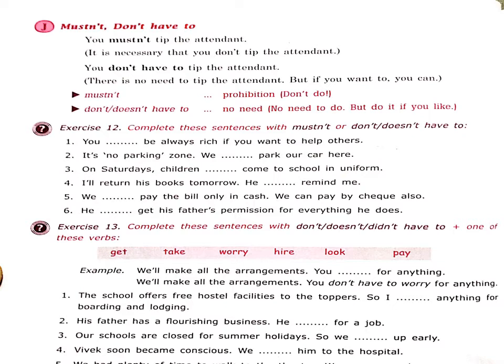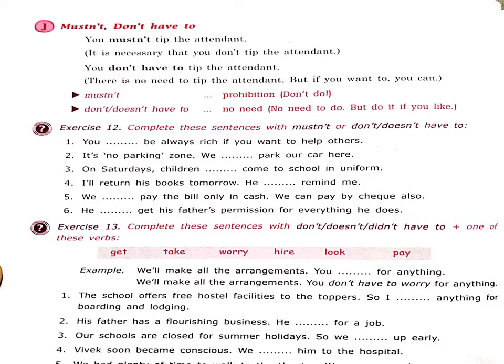So what do we have to pay here, children? See, I is there, so obviously don't have to, right? I don't have to pay anything for boarding and lodging. So the first answer will be: I don't have to pay for anything for boarding and lodging. Rest of the sentences you will do yourselves, children.